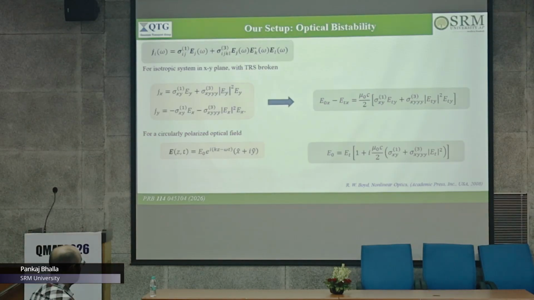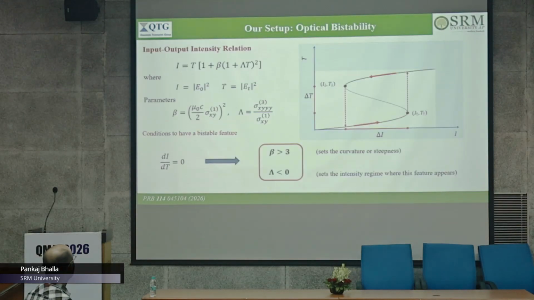From this equation, if we take the norm, where mu naught is the permeability and c is the speed of light, you can get the input-output relation, and you can clearly see that this is a cubic equation in T, the transmission intensity, which gives three different solutions, of which two are stable and one is unstable.